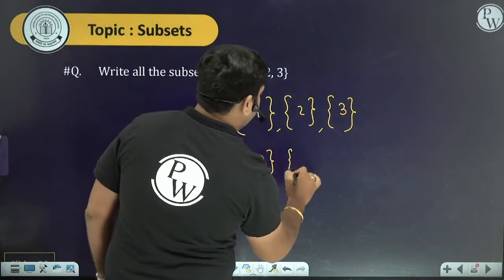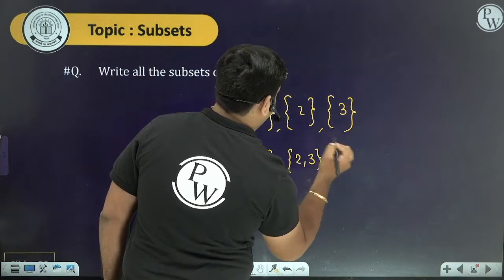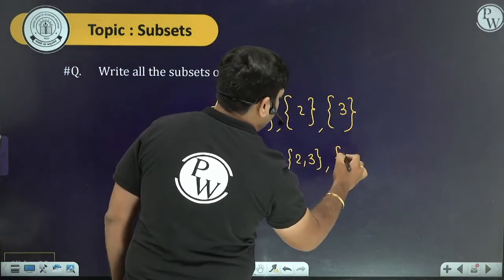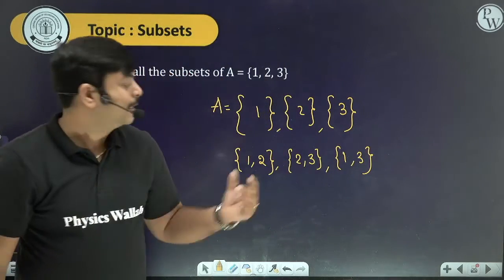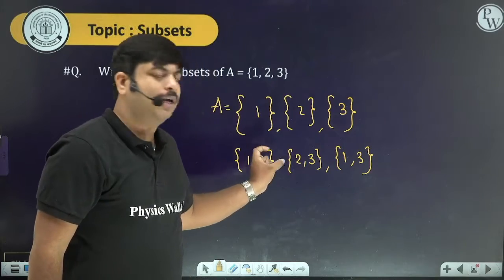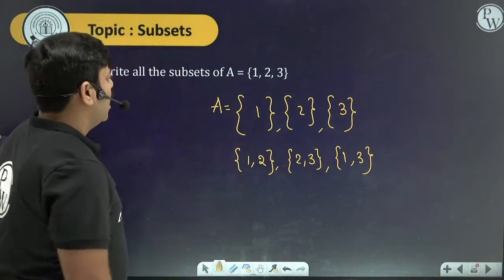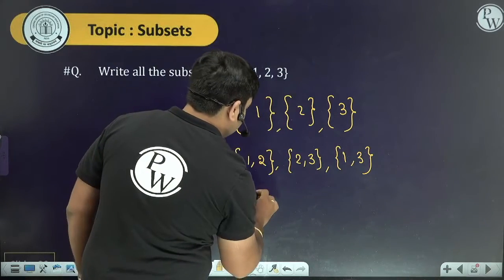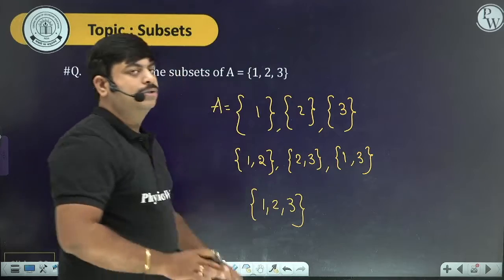Next, {2, 3}. Next, not {3, 4}, sorry, {1, 3}. You can write {3, 1}, order does not matter. You can write {3, 2} or {2, 1}, order does not matter. Right? And the last one is the complete set itself, that is {1, 2, 3}.